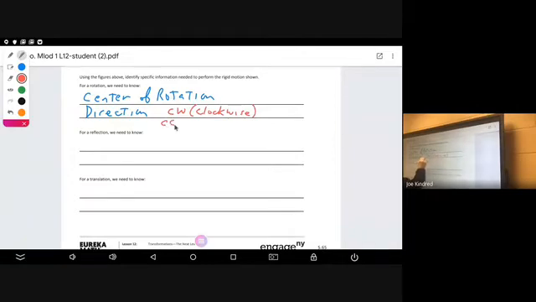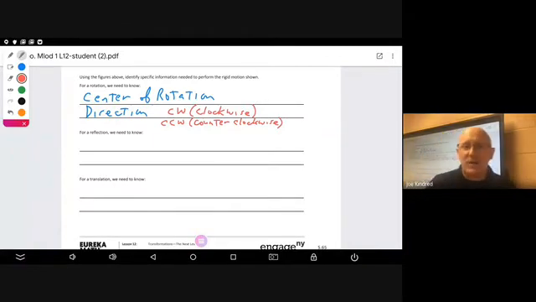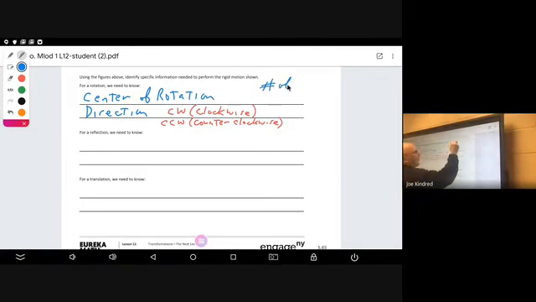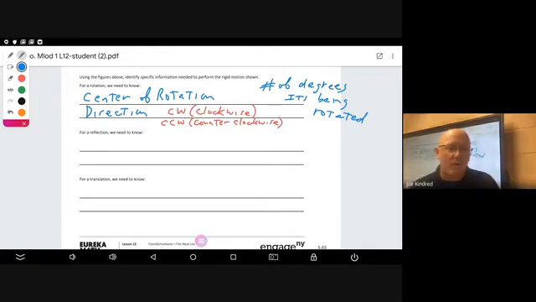Or is it going counterclockwise? And of course, the number of degrees it's being rotated. So that's really the key aspects of rotation.